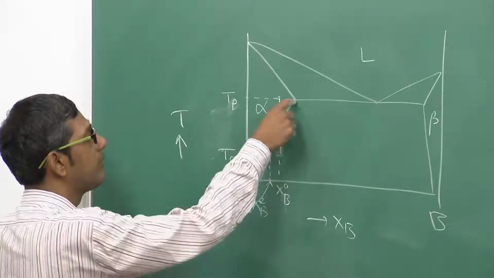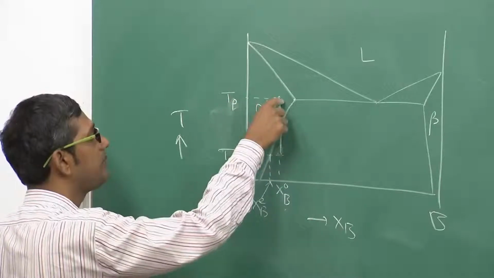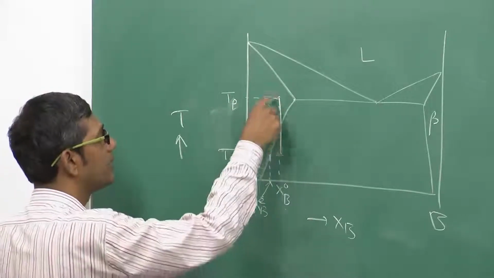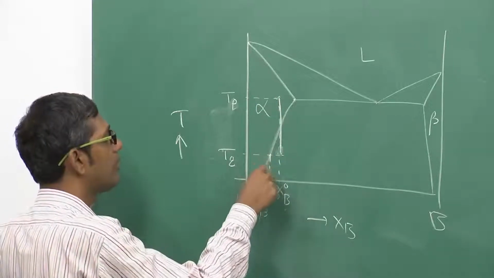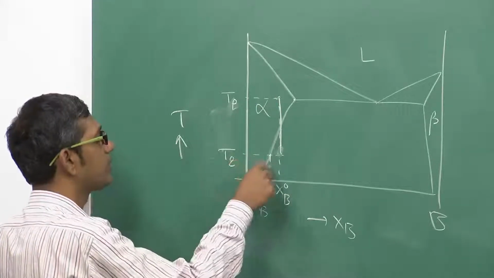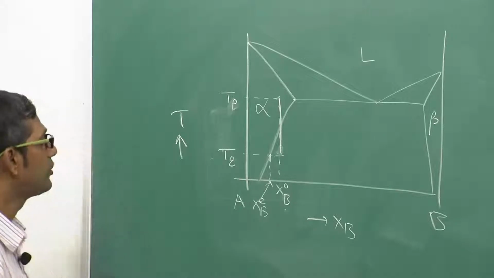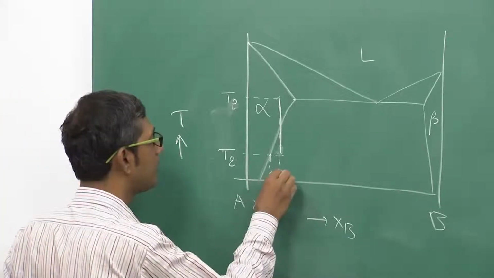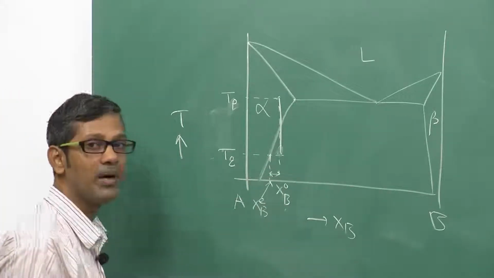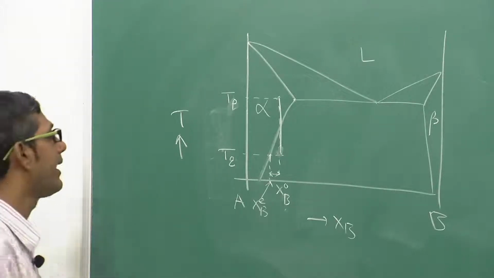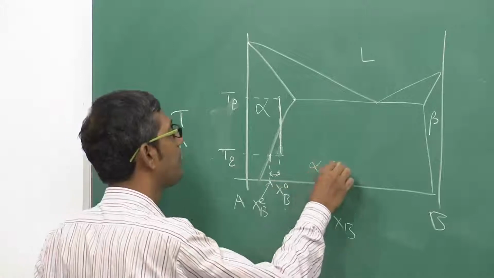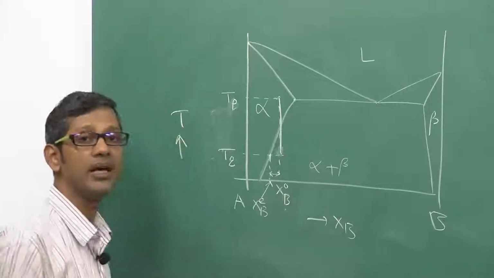The solid solubility at temperature TP was very high, in fact it was this value. Now because the temperature has been quenched to TQ, the solid solubility has reduced. So the excess solute, which is between these two values, must be taken out from the alpha, and this excess solute leads to formation of beta from the alpha.